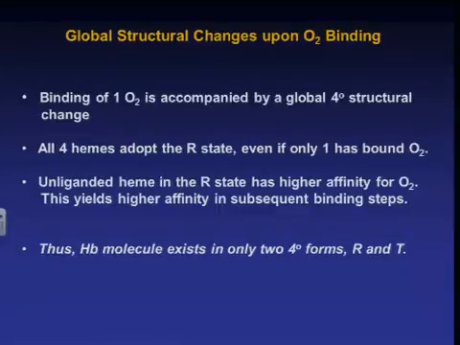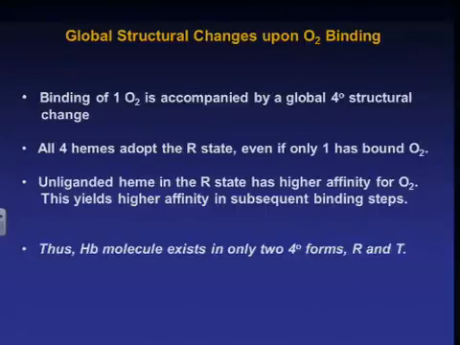All right, so as I just said, the binding of one oxygen is accompanied by a global quaternary structural change. You're not getting a change in the structure just at the immediate vicinity or locale of that first binding event. You're getting a global change in the entire molecule.